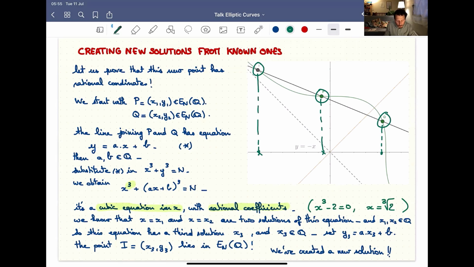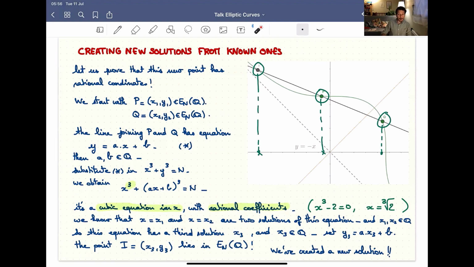But here the situation is slightly different, because we know that P and Q are both on the line and on the green curve, which means that their x coordinates, which I called x1 and x2, are two rational solutions of this equation x cubed plus (ax plus b) cubed equals n.